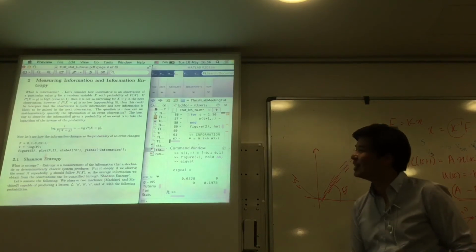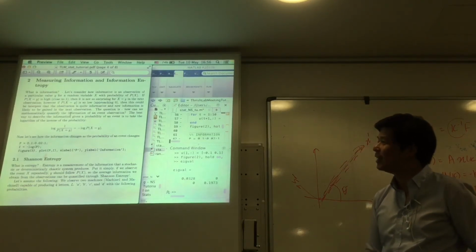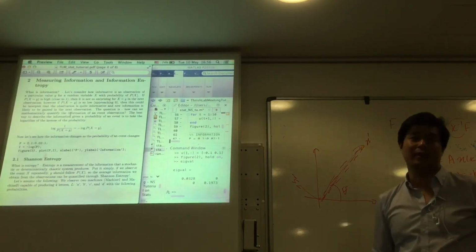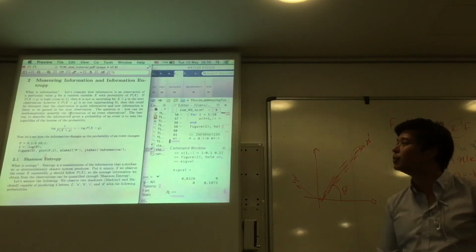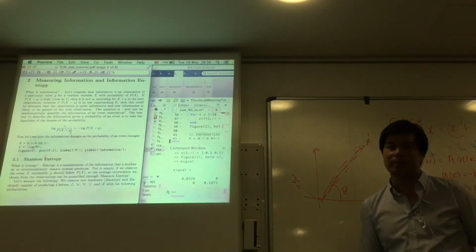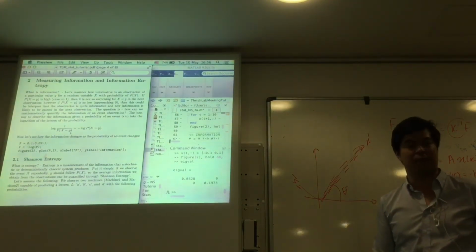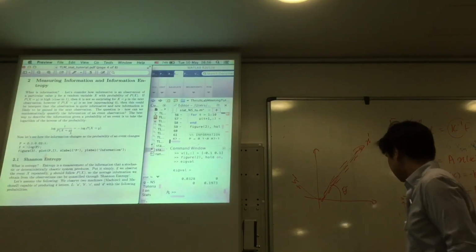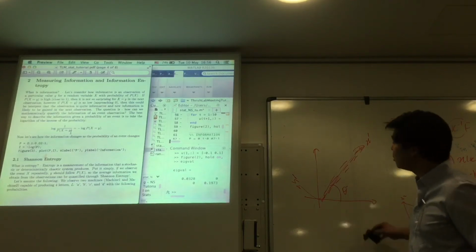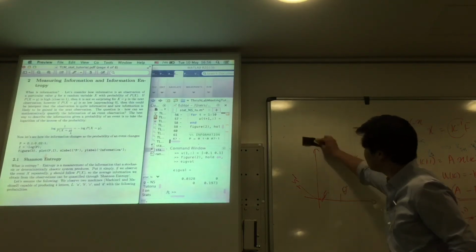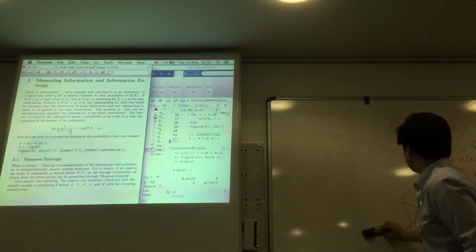Okay. Cool. The next topic is information theory, really. So what is information? If you observe something, then what is information? Information basically means that if each data point carries information, there's a reason to sample a new data point.